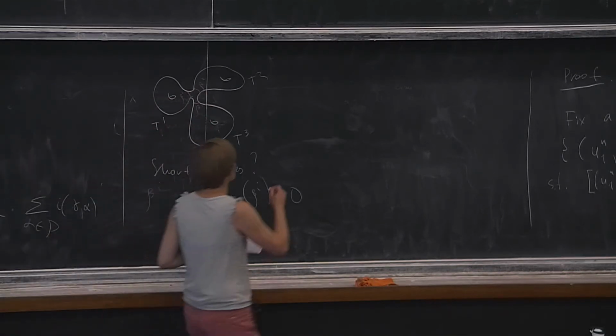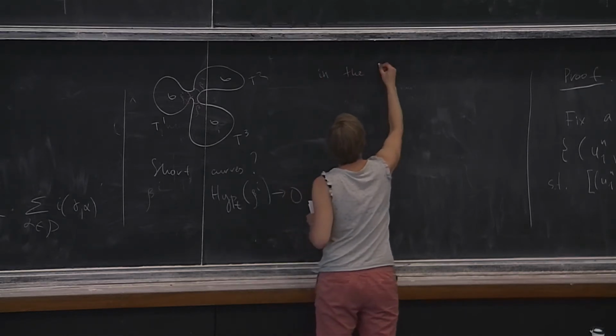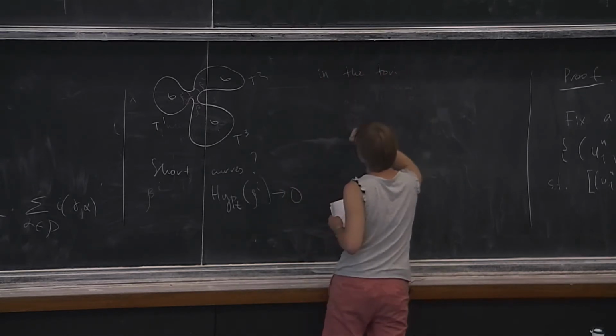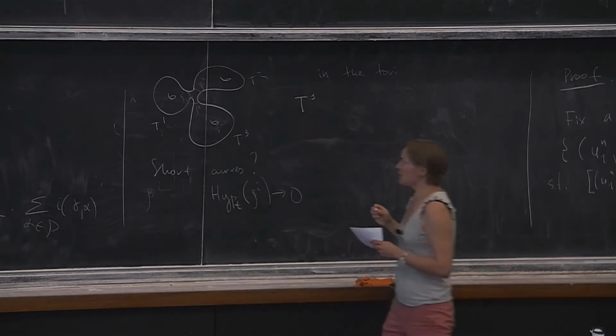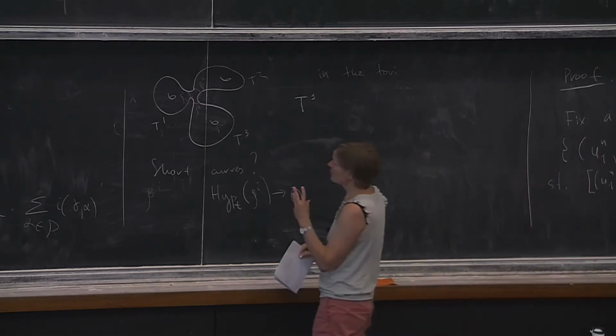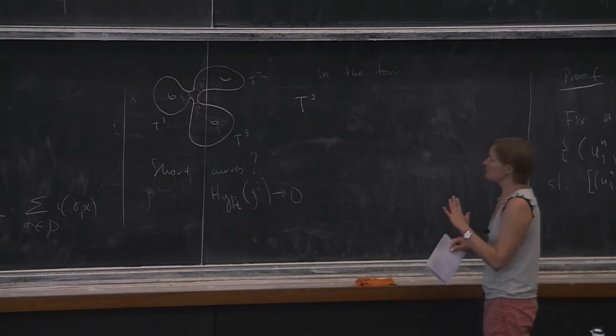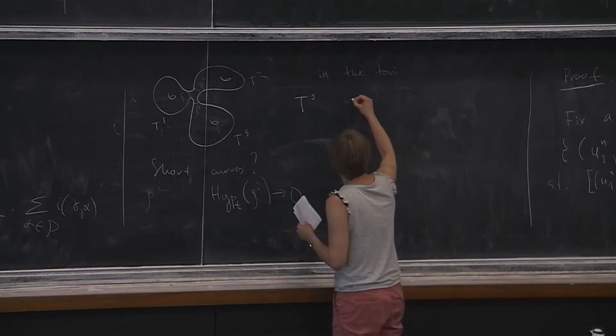So in the tori, let's say in T1, okay. So remember that the slit was of direction of slope theta 1.